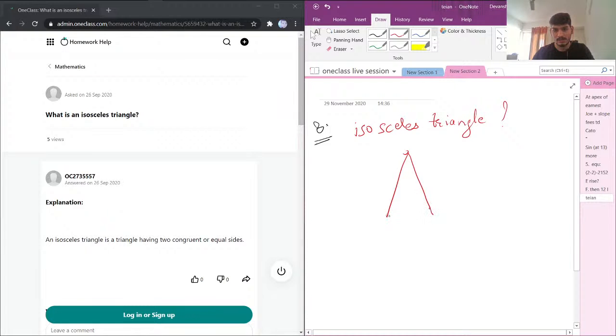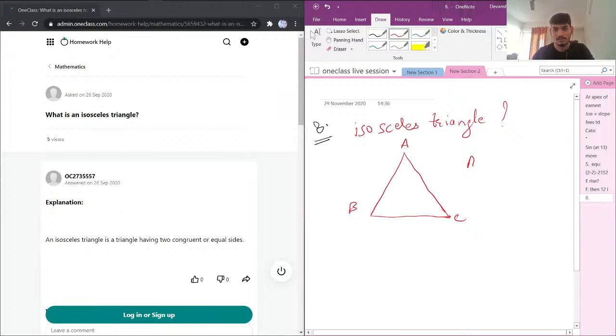It is a triangle which has two equal sides. So this is a triangle ABC.